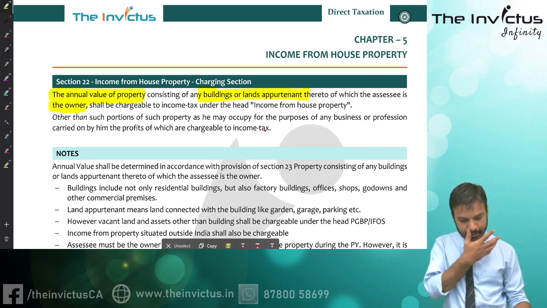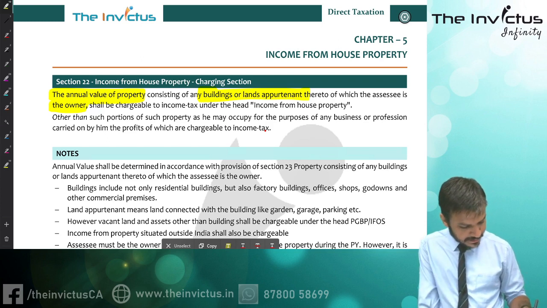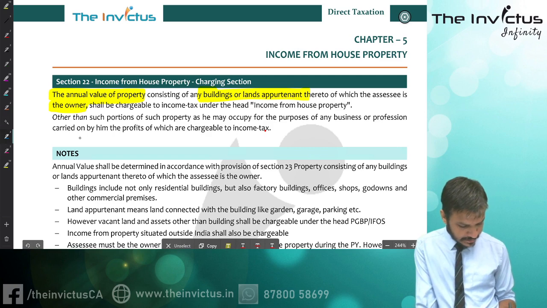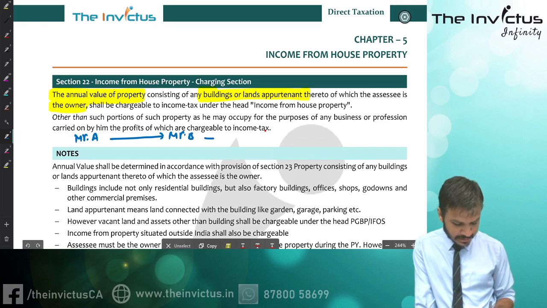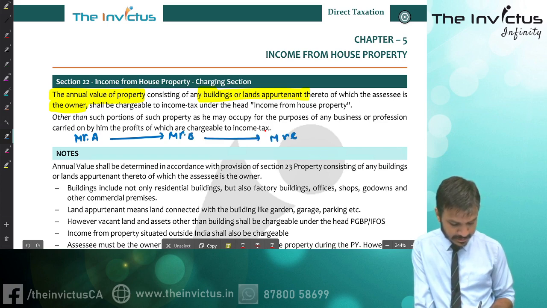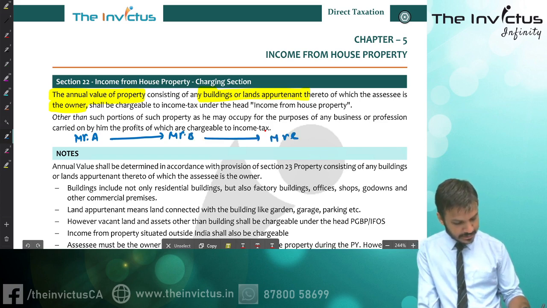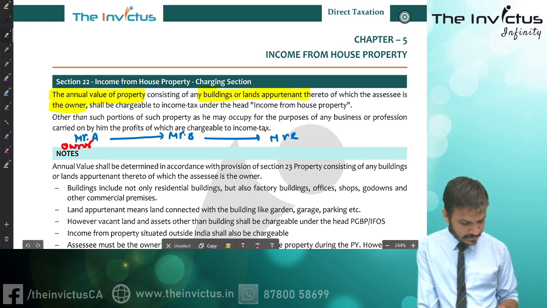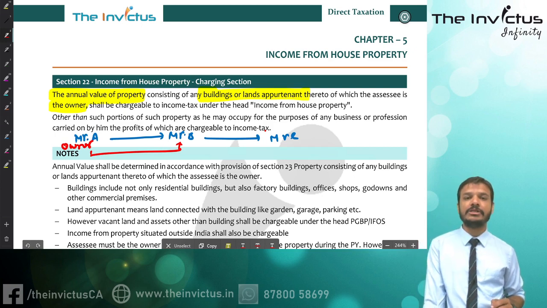So what happens in this kind of transaction? Just tell me one thing, say Mr. A, Mr. B and Mr. C. Now Mr. A is owner of certain property, say, and Mr. B is paying rent.